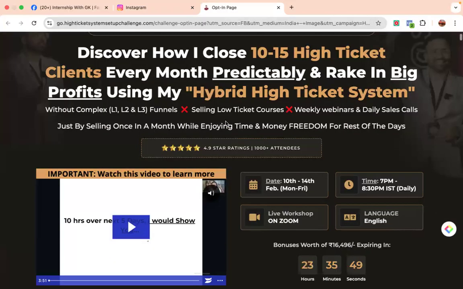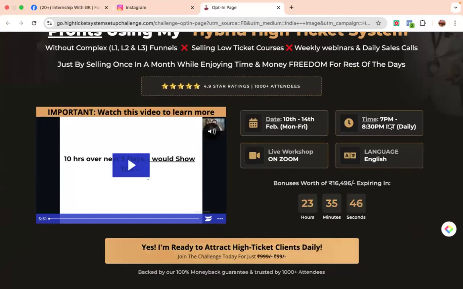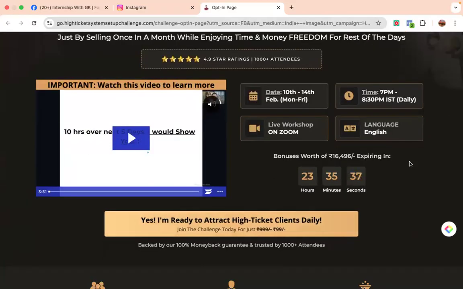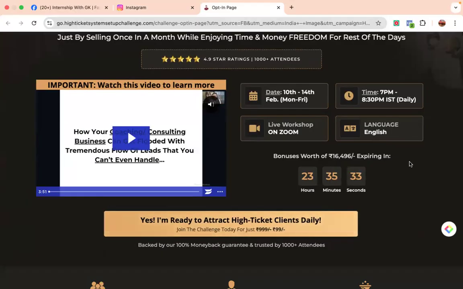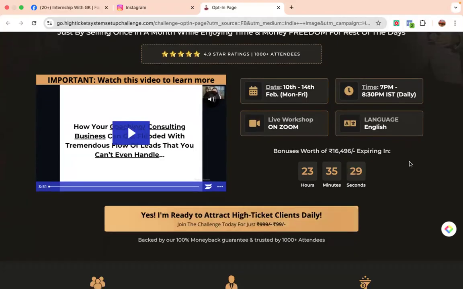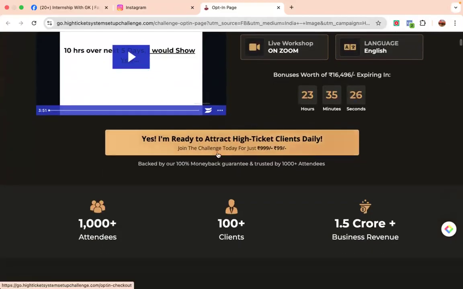Moving down, the landing page conveys the information about a specific event, and the whole landing page is centered around a particular CTA, call to action. In this case, the CTA is this one.